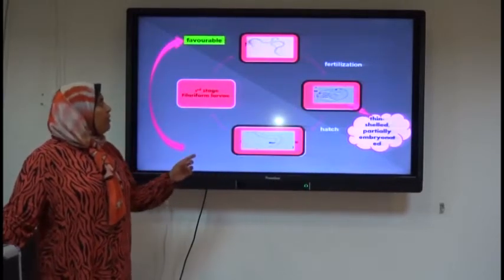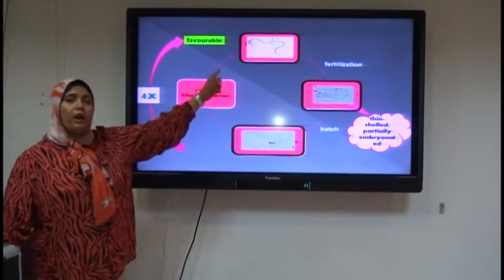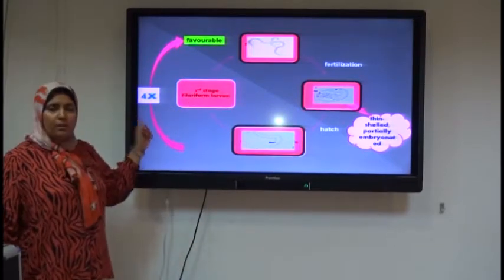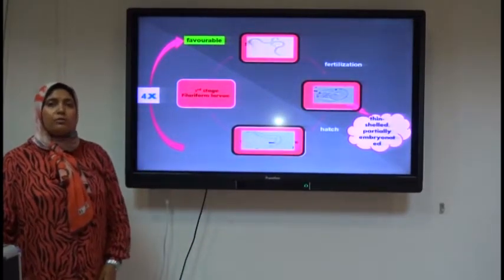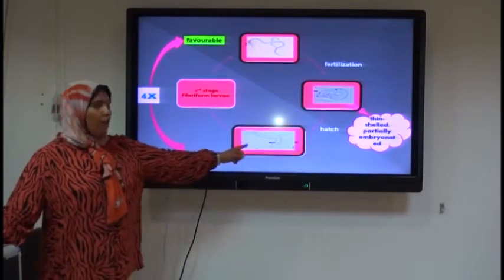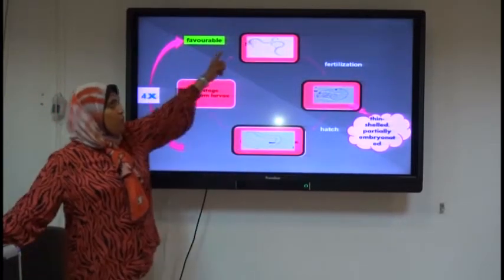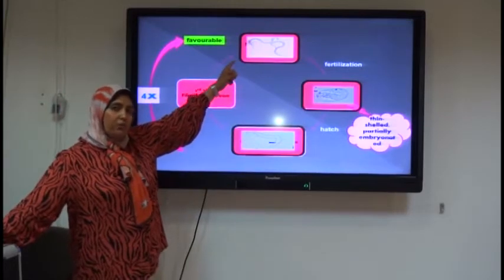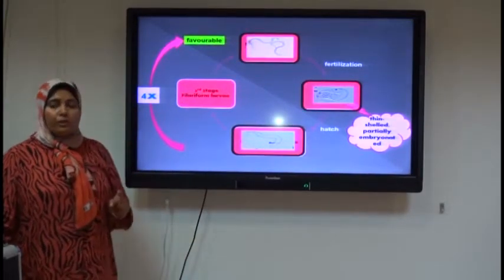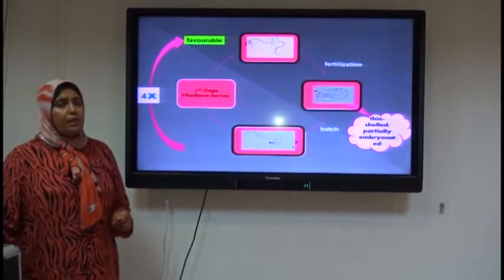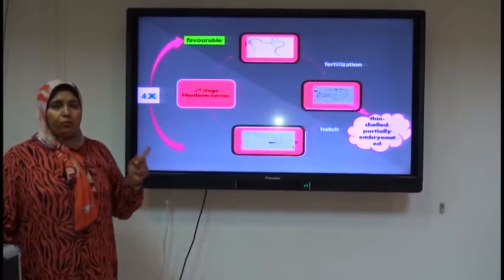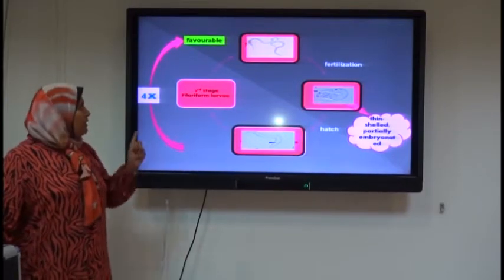These rhabditiform larvae can turn to adults through 4 divisions, and we call these divisions molts. So the transfer of rhabditiform larvae to sexually mature adults requires 4 divisions and, of course, favorable environmental conditions. What about these 4 molts?